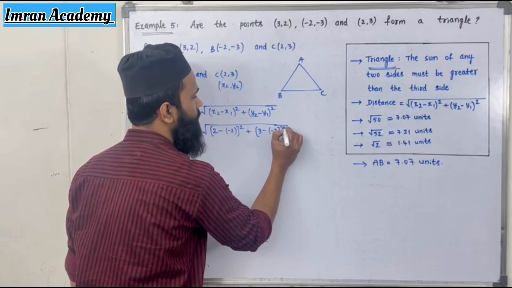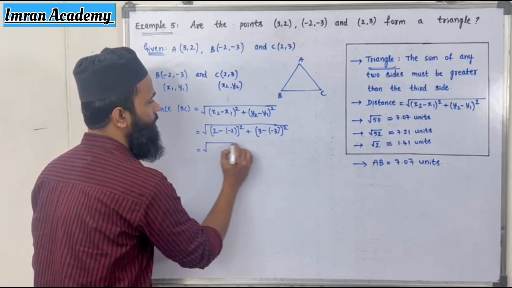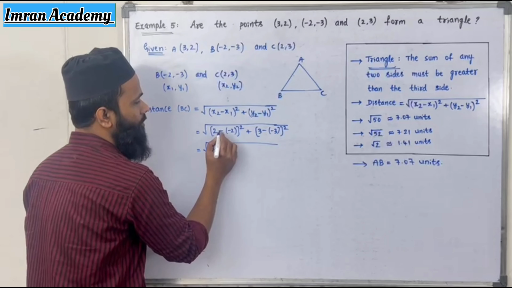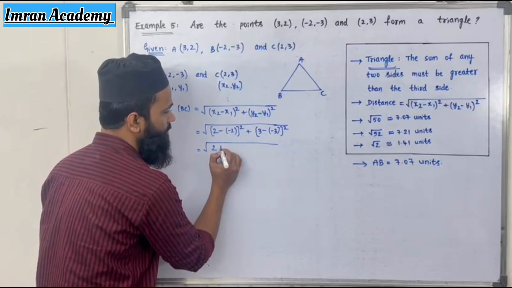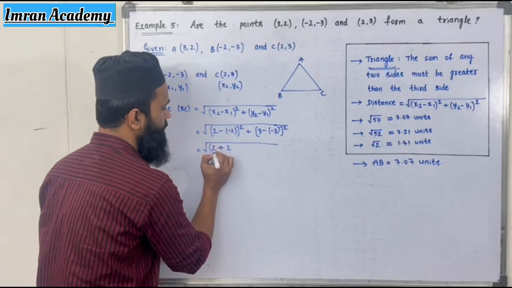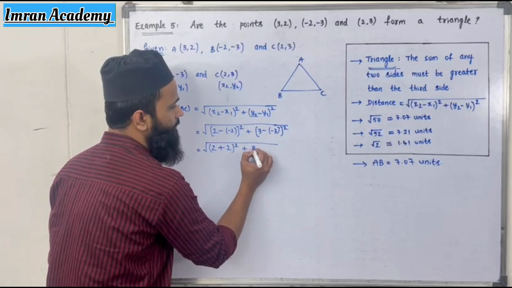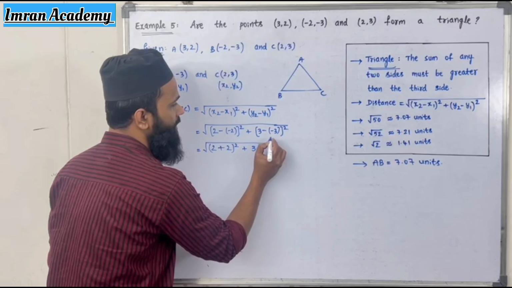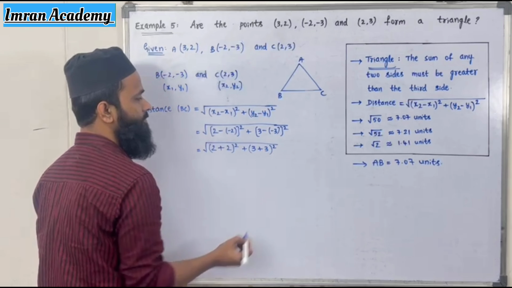Whole square. That is equal to square root of 2 minus into minus is plus 2, whole square plus 3 minus into minus is plus 3, whole square.